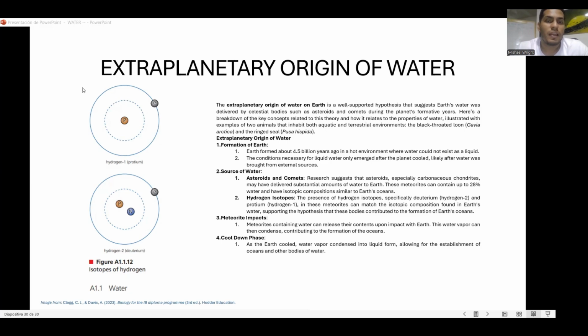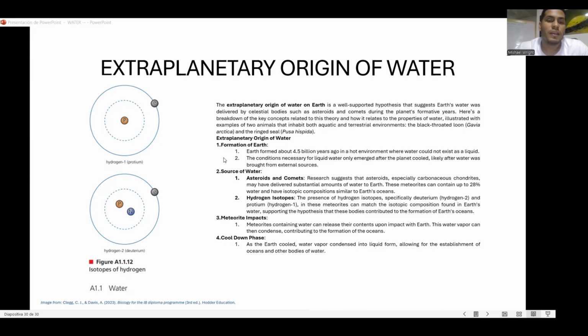So here is basically a breakdown of these key concepts, illustrated with examples of two animals that inhabit both aquatic and terrestrial environments. The black-throated loon, that is the Gavia arctica, and the ringed seal, that is the Pusa hispida, right?